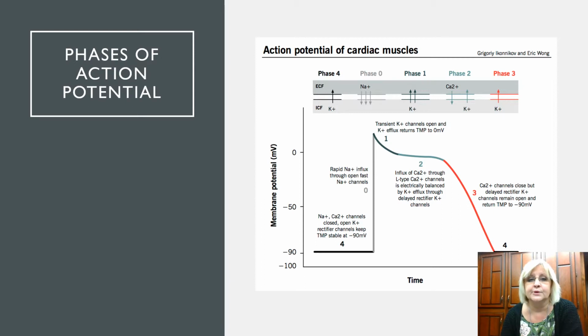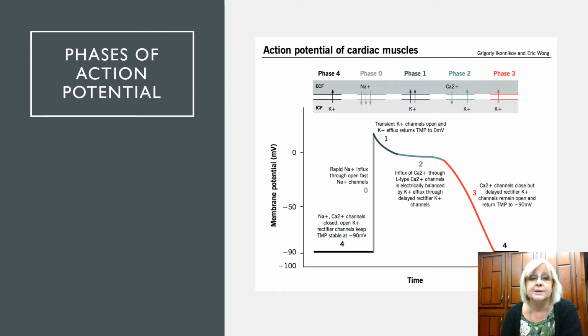So phase 0, this is where the action potential is triggered. Fast sodium channels start to open up one at a time. Sodium leaks into the cell, raising the transmembrane potential to around negative 70 millivolts, which is a threshold potential. Once the fast sodium channels have opened, they generate a self-sustaining inward sodium current.